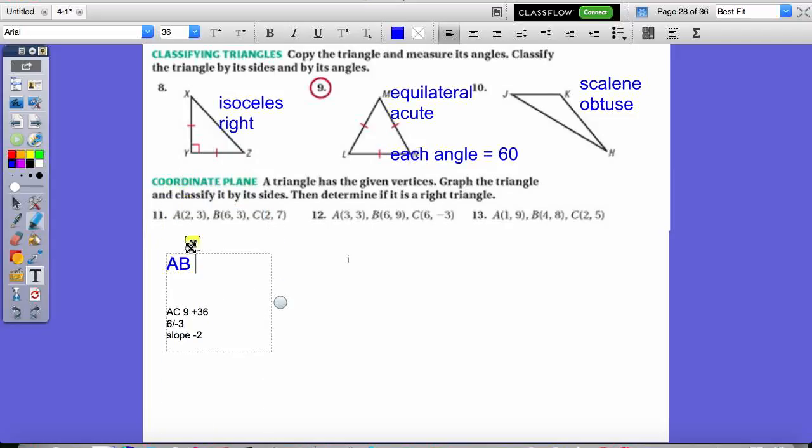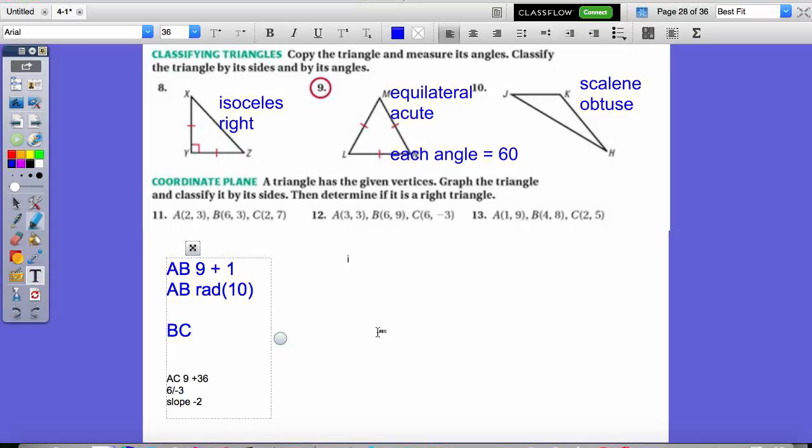So for AB, length 1 minus 4 is negative 3 squared is 9 plus 9 minus 8 is 1 squared is 1. So AB is the square root or radical 10.